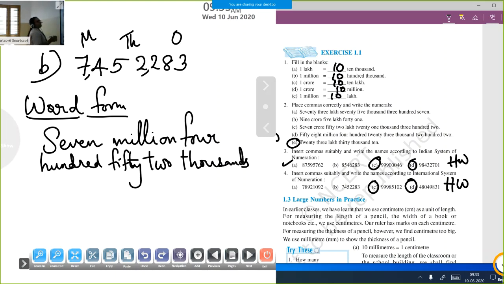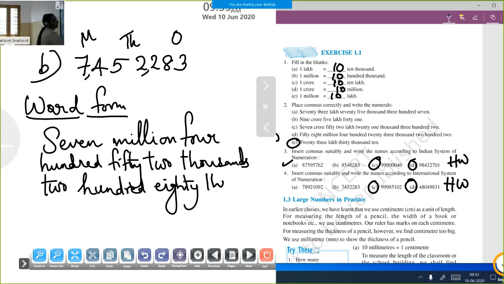Yes, correct. Then what is the next one? 283. Okay, the teacher copied correctly, right? 7 million, correct. 452,000, correct. 283. See children, the teacher wrote it properly.